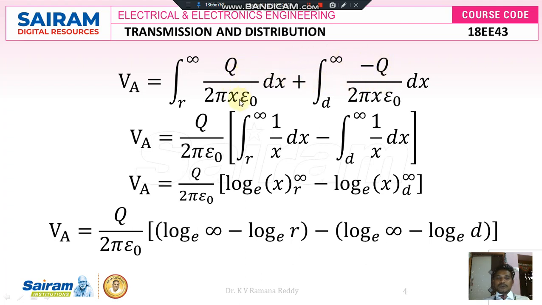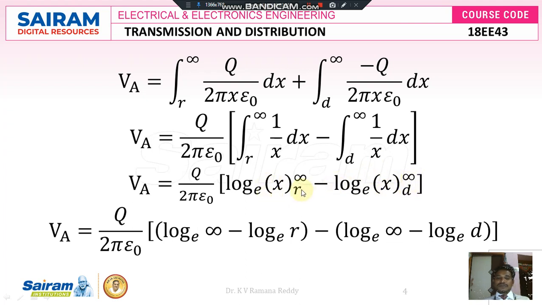If I take q by 2 pi epsilon naught as common, then VA is equal to q divided by 2 pi epsilon naught of the integral from r to infinity of 1 by x dx, minus the integral from d to infinity of 1 by x dx. The integral of 1 by x dx is log x, so the limits are r to infinity, minus again the integral from d to infinity of 1 by x dx, which becomes log base e of x with limits d to infinity.